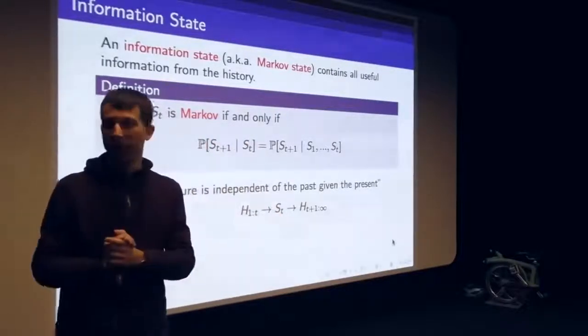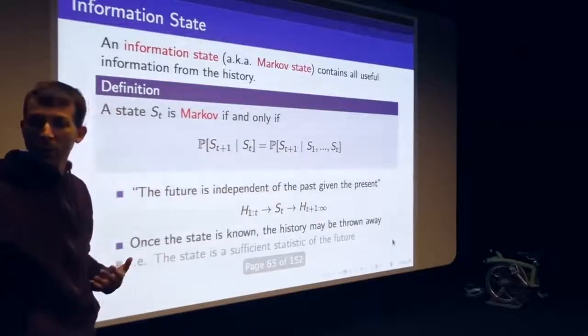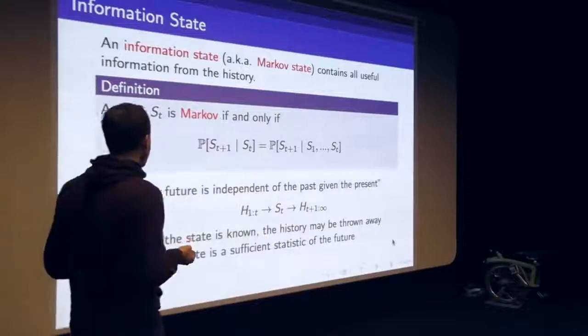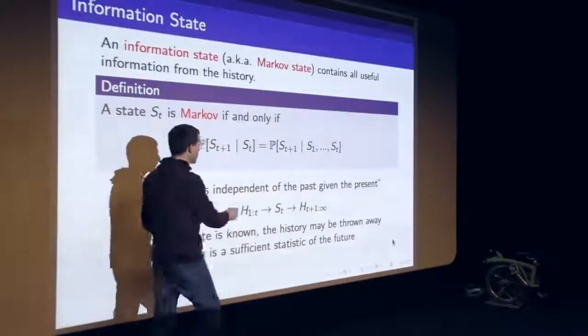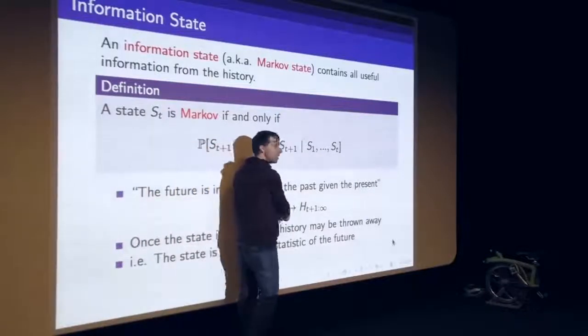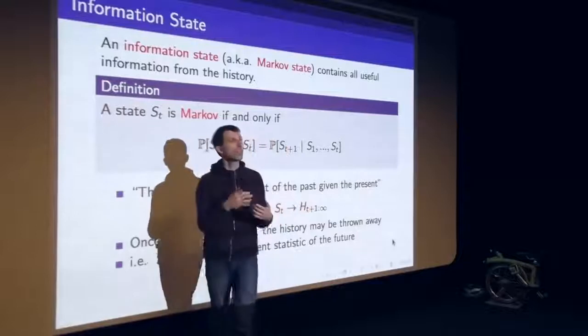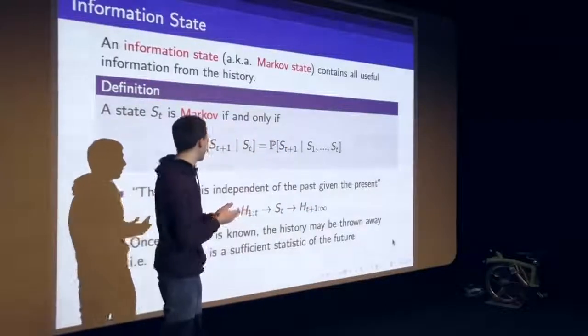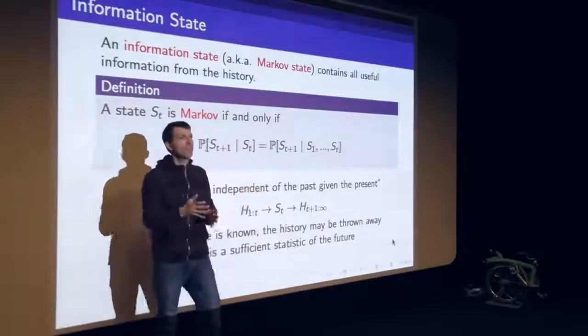So that's the definition of a Markov state. Another way to say the same thing is that the state is a sufficient statistic of the future. This state fully characterizes the distribution over future actions, observations, and rewards. So once we have this state, we can say everything that there is to say about that distribution.